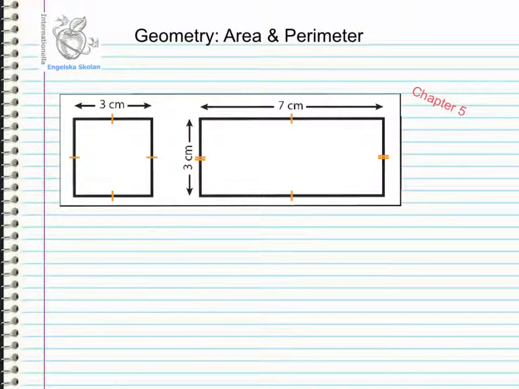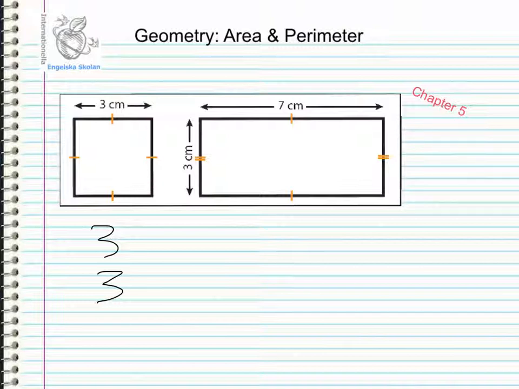The way that we calculate this is we multiply the width by the length, or the length by the width. It doesn't matter which way you do it. So for example, this square here is 3 centimetres in width and 3 centimetres in length.